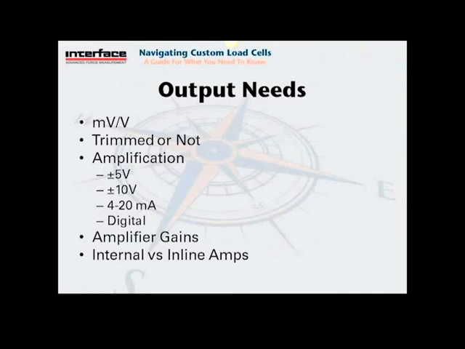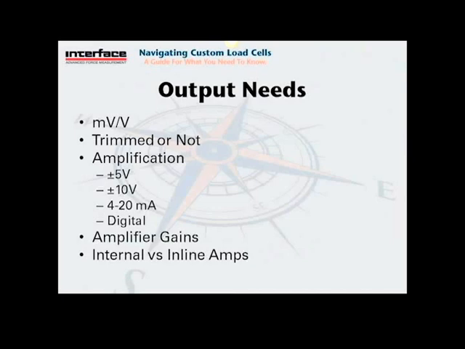We've offered digital outputs, USB, RS-485, CAN bus, and Ethernet, even on some very custom units. For larger load cells, we have internal amplifiers built right into the load cell. And for smaller load cells, our minis, usually use an inline amplifier housing in the cable.